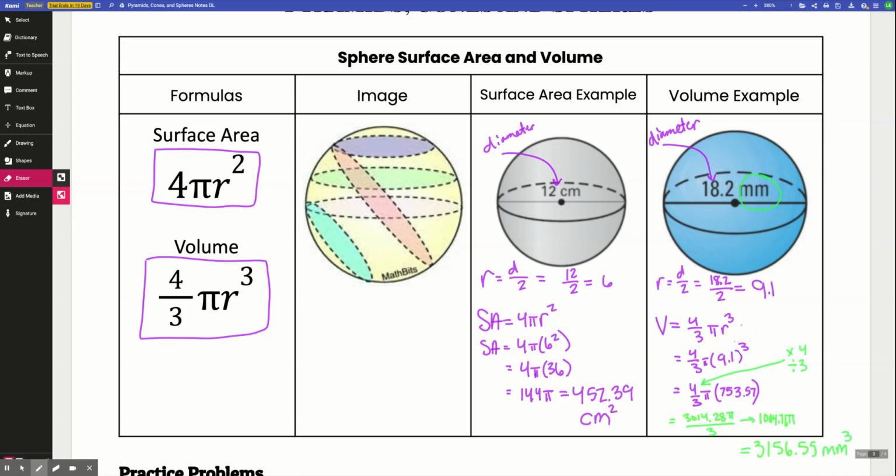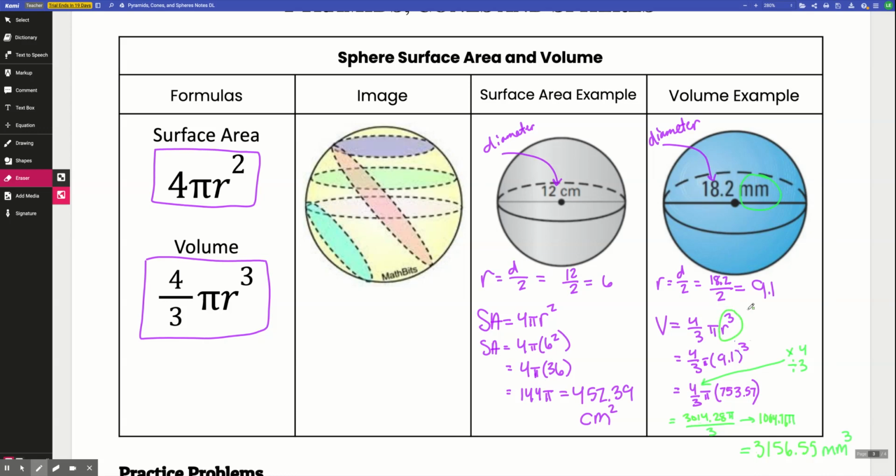Some people will square it instead of cubing it, like I did the first time, because most of the volume formulas that you've seen up to this point have a squared in them rather than a cubed, because they have some value that's being squared, and then you're multiplying by another value, like a height or a slant height, which would be that third dimension in order to give you a volume. So make sure that you do radius cubed.